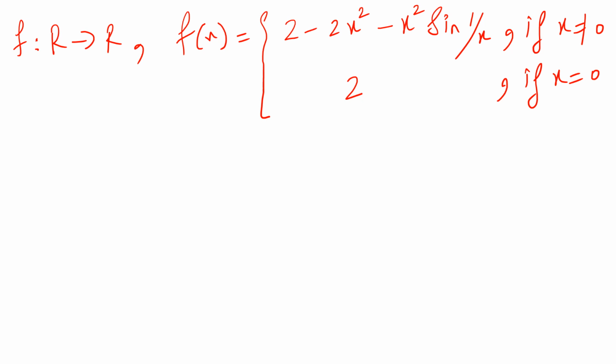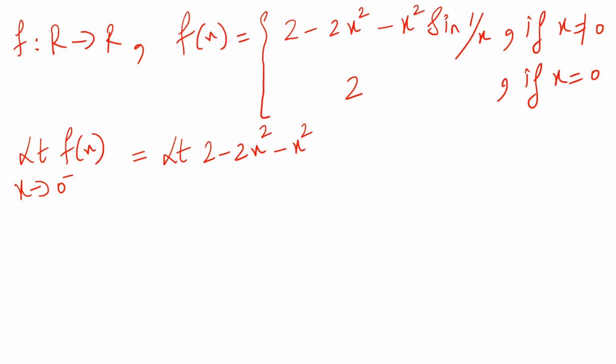And for that purpose, we will have to find the left hand limit and right hand limit of f of x at x equal to 0. Now left hand limit of f of x at x equal to 0 is given by limit f of x, x tending to 0 minus, which becomes equal to limit of 2 minus 2x square minus x square into sine of 1 upon x, x tending to 0 minus.